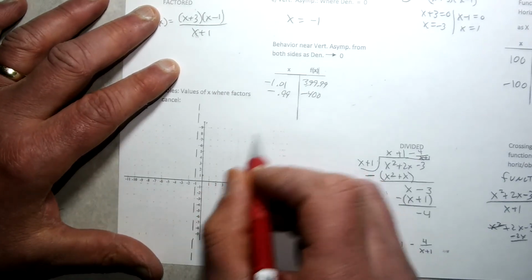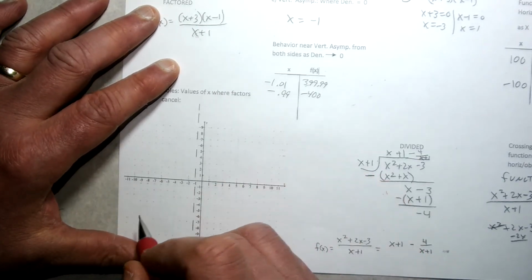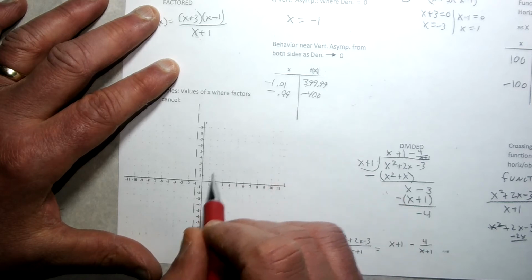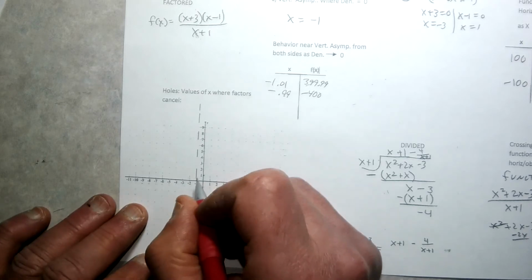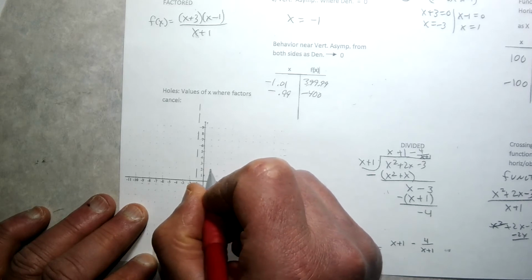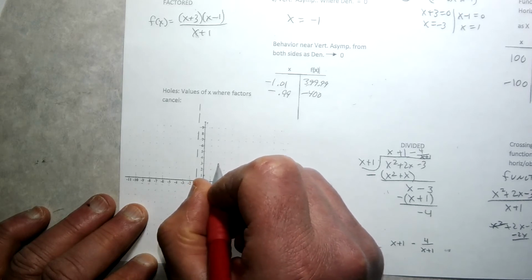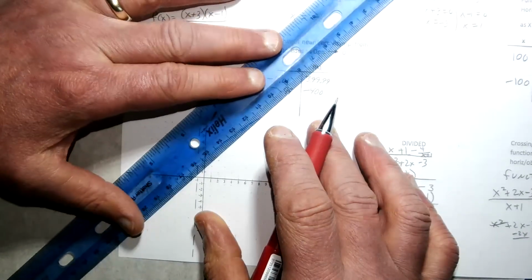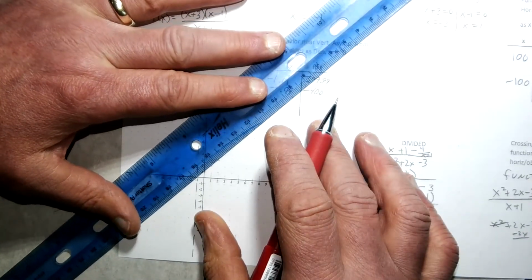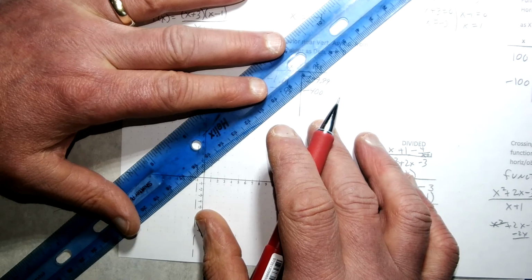They're points on an imaginary line that our graph will approach in our later video when we actually do the graphing of the function itself. This video's intention is only the asymptotes. So I'll go up 1 and over 1, and I'm just making light marks, just enough so that I can barely see them, to go ahead and put an oblique asymptote in there. It's going to look like this.